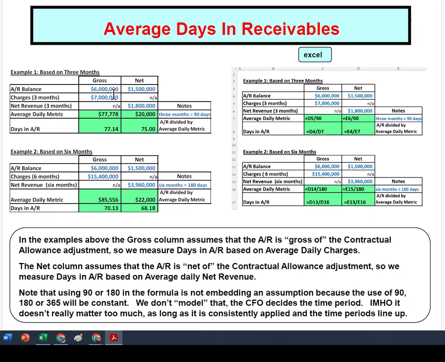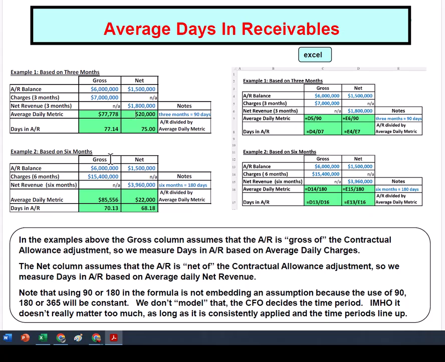We're going to do a 3-month measurement of our average daily. So we take 3 months of charges, we divide it by 90, and our average daily charges would be 77,778. We divide that into our $6 million AR balance, and on average it takes us 77.14 days to adjudicate, or we'll just say collect.